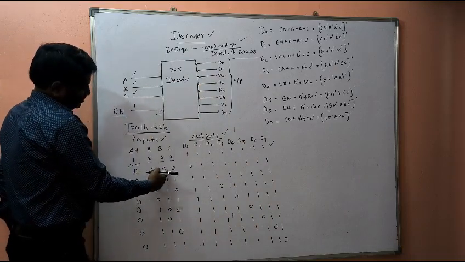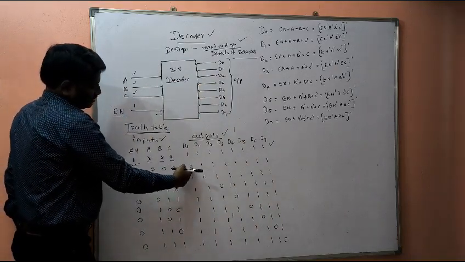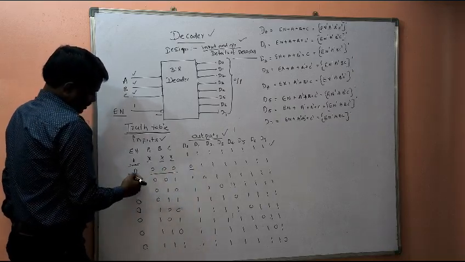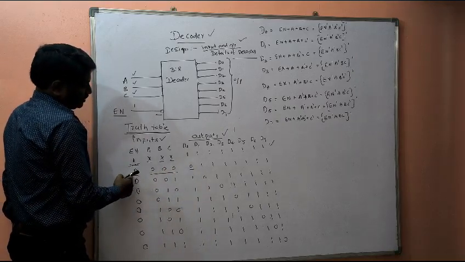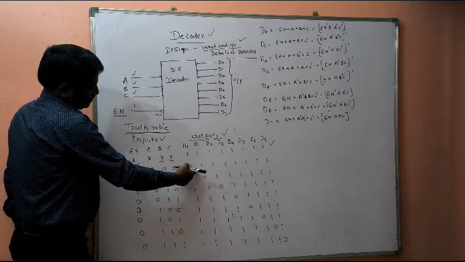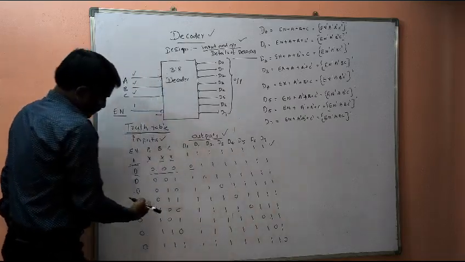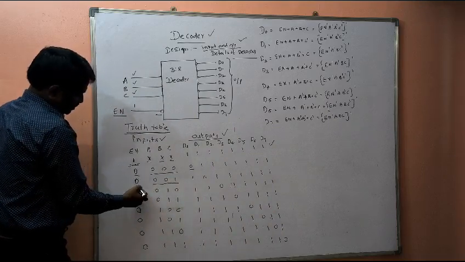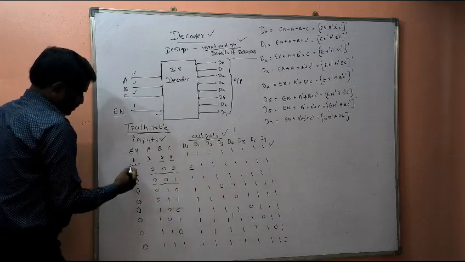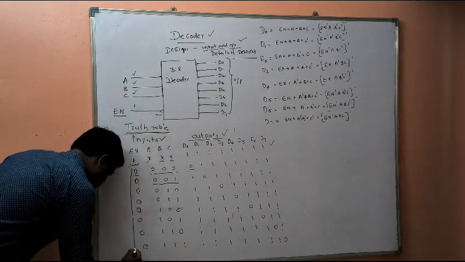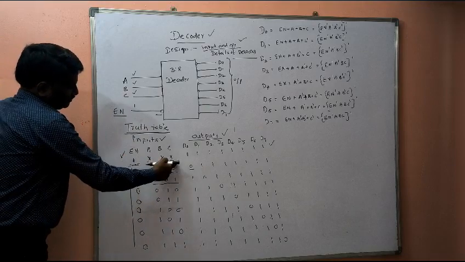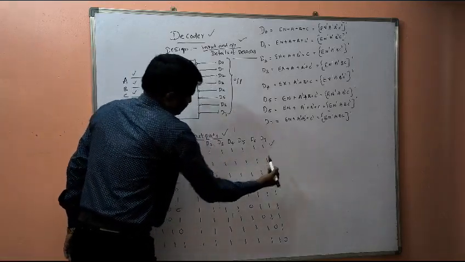For 0, 0, 0 with enable 0, D0 is 0 because the circuit is enabled and functioning, and the rest of them are 1s. Similarly for 0, 0, 1 with enable 0. Whenever enable is 0, this circuit is working. When enable is 1, irrespective of the inputs, all outputs are 1s.